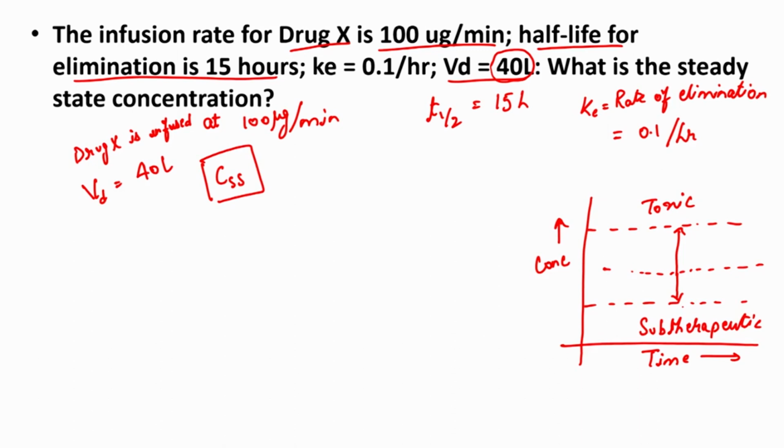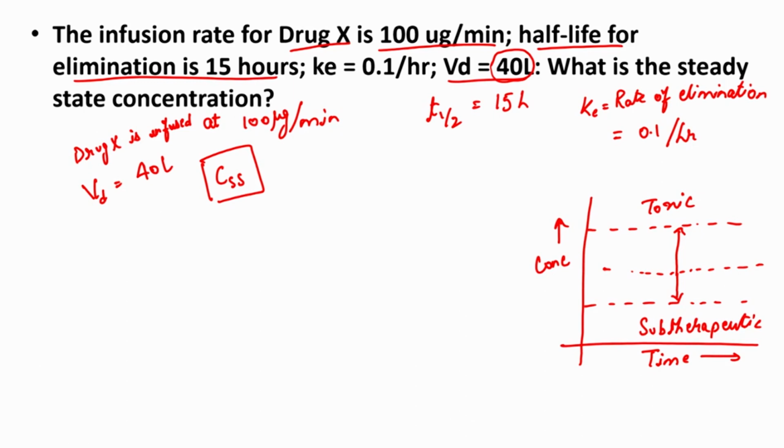Then how do we have to continuously infuse it? Because this drug is degrading, if we continuously give the drug, it will remain in this range. Since the drug is also getting eliminated, we have to balance for that.